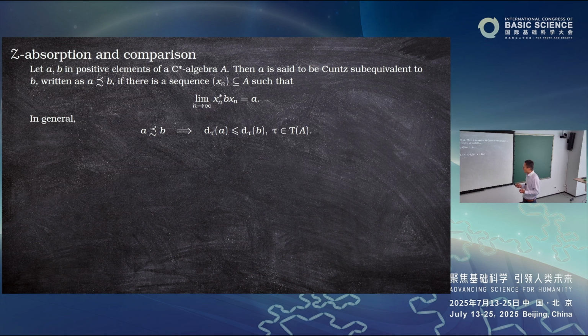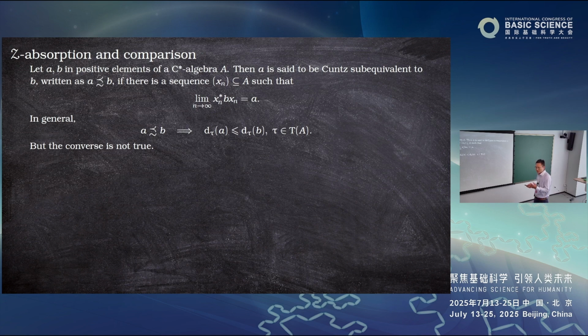This d_tau is the rank function. In the matrix case, that's exactly the rank. But you really can talk about the rank function for general C-star algebras with traces. So you always have: if A is Cuntz smaller than B, then the rank of A is smaller than the rank of B, but the converse in general is not true.